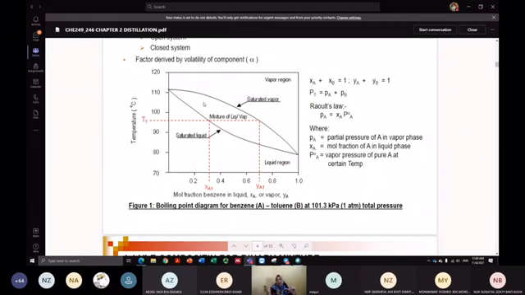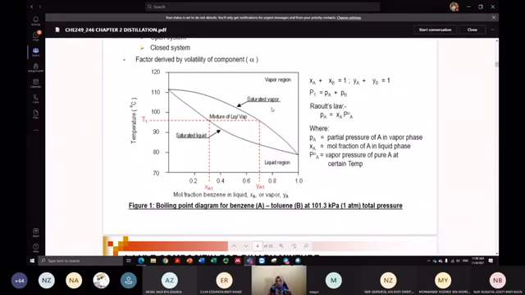the phase of the feed, whether it is in liquid form, vapor form, or a mixture of liquid and vapor. This will represent the condition that you would like to use in order to get your final result.